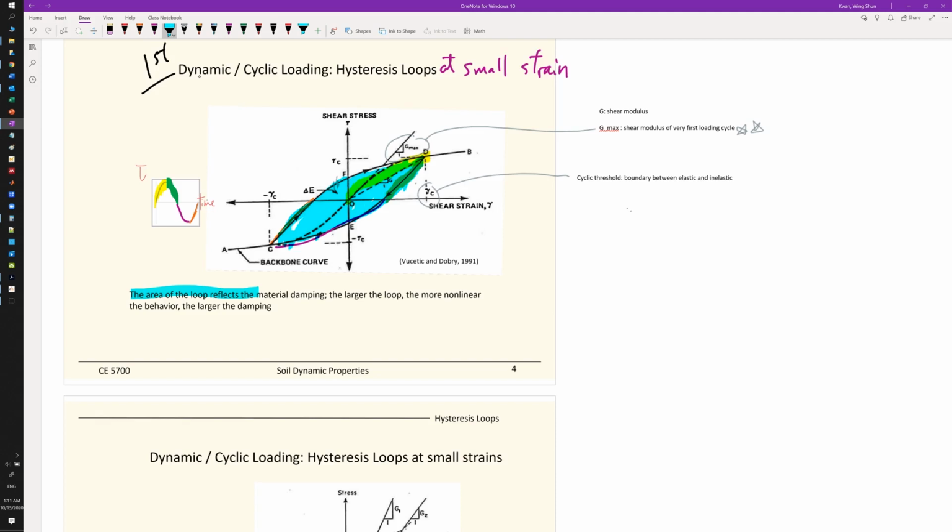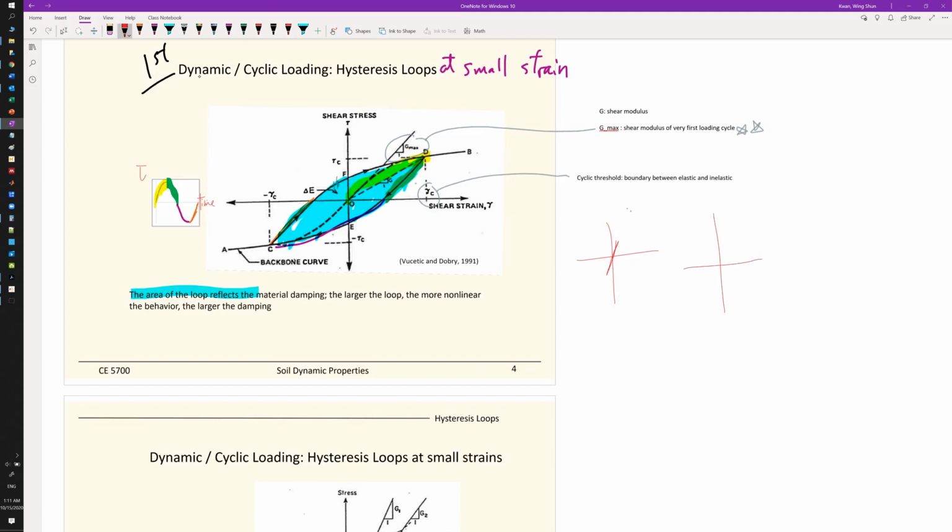To make it short, you could imagine the response of clay and sand could be very different. For example, if you have a very stiff or dense sand, or even a very high Gmax, the loop would be just like a straight line there. So the area is very small.